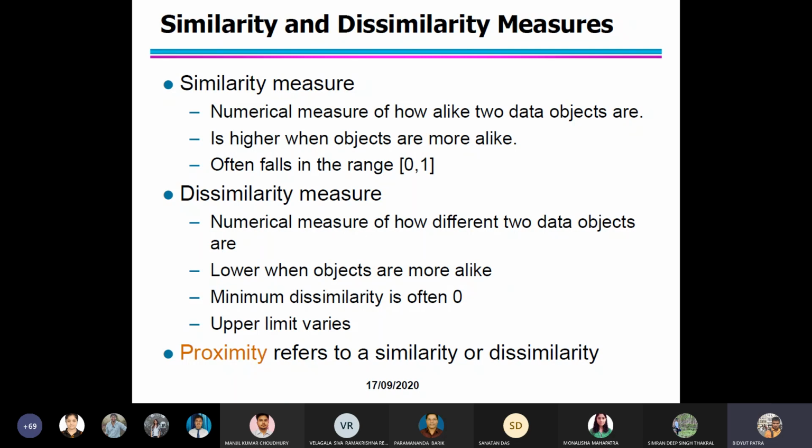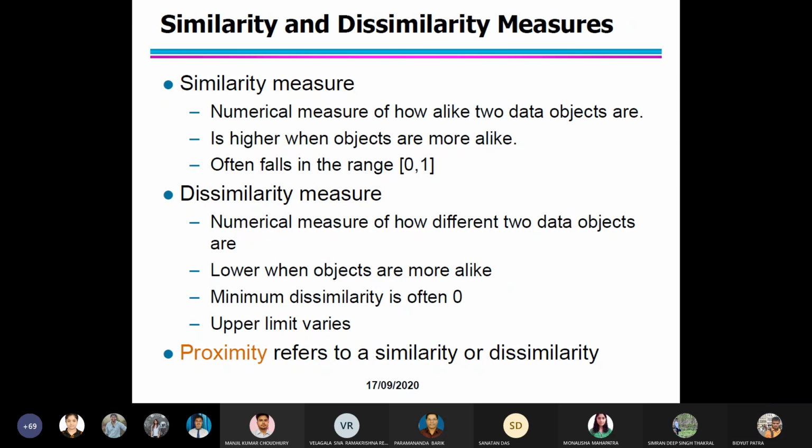One popular term used in this case is proximity measures. Proximity measure refers to both similarity as well as dissimilarity, so whenever we talk about proximity, we are talking about either similarity or dissimilarity measures.